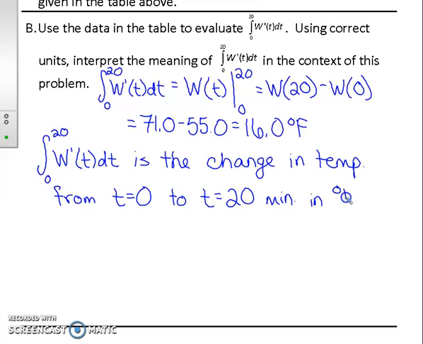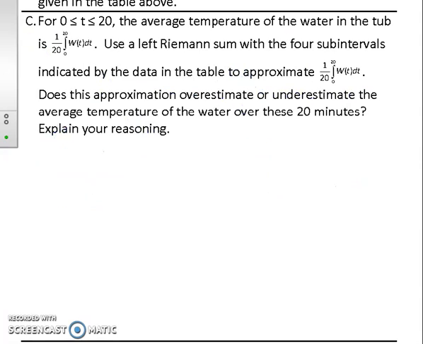Oh, and you want to include your units, so somewhere in there you need to say in degrees Fahrenheit. Okay. Part B was also worth 2 points. 1 point for getting the 16 degrees and 1 point for correctly describing what that integral represented.